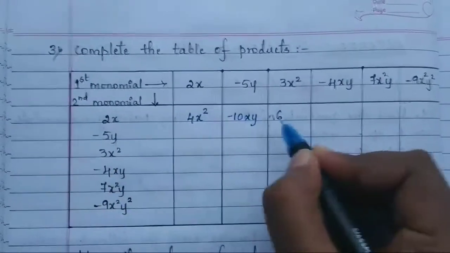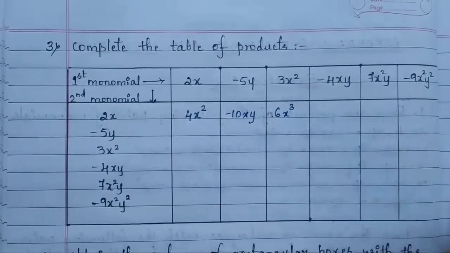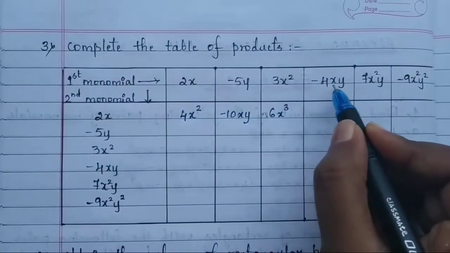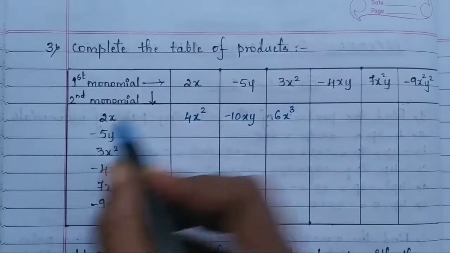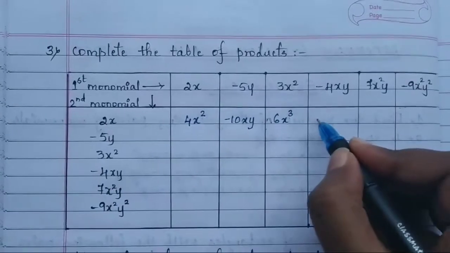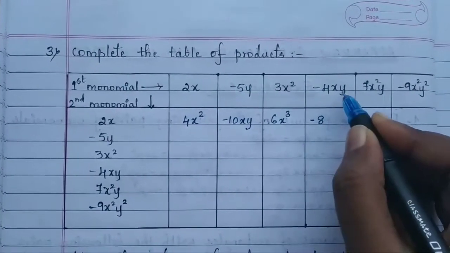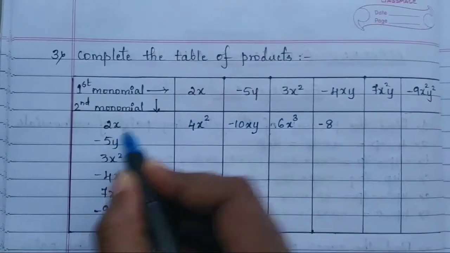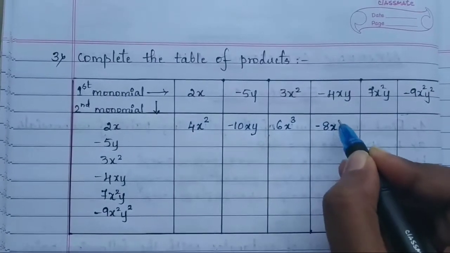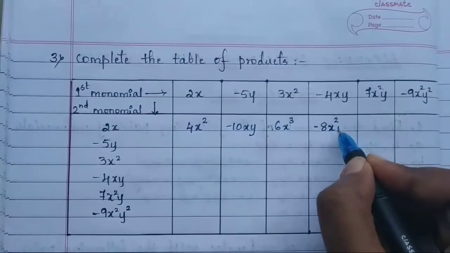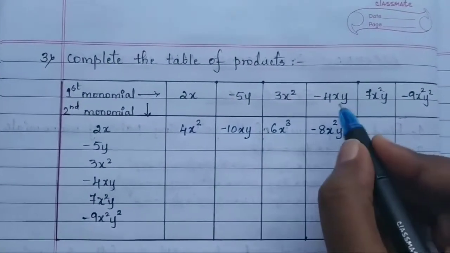X square and x is x cube. Okay. Then minus 4xy and 2x is given. Minus 4 into 2 is minus 8. Xy into x, x into x, again we are having x square and y will be as it is.